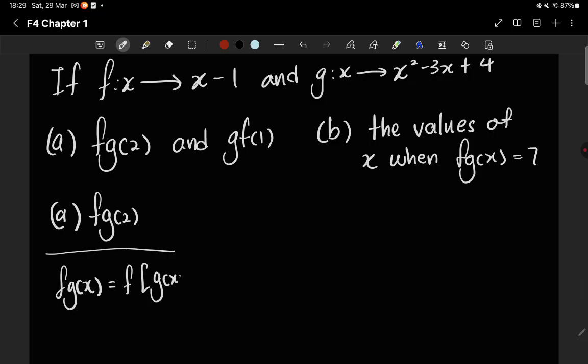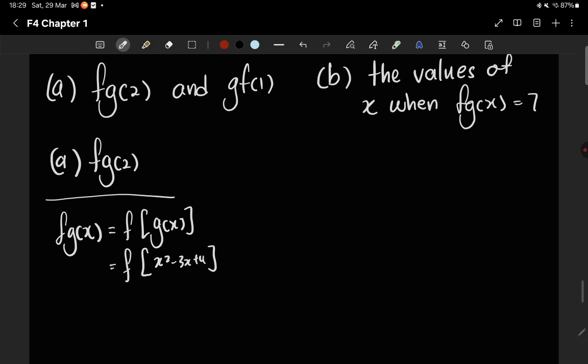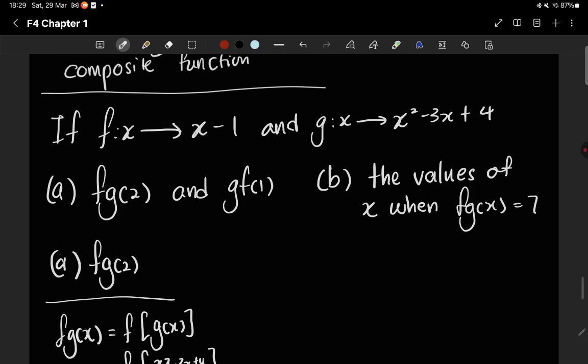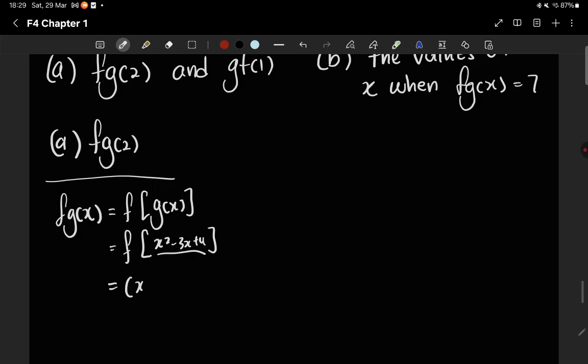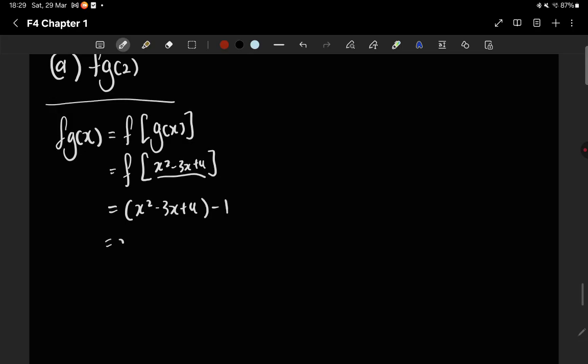fg of x, and g of x would be x squared minus 3x plus 4. And we just have to sub this equation into f of x, which gives x squared minus 3x plus 4 minus 1. And we'll finally get x squared minus 3x plus 3.